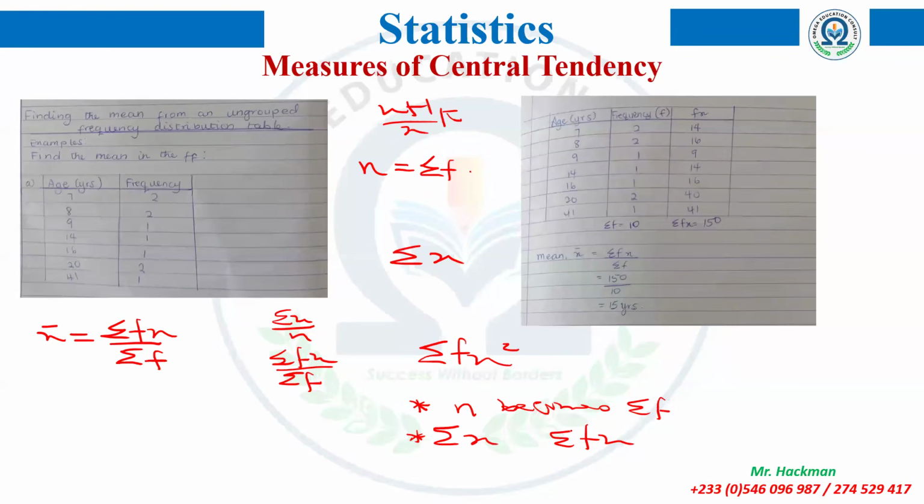So introduce f immediately after your sigma, as simple as that. If you know this information, then anytime you know the formula for the raw, you should be able to quote that of the frequency distribution table without any struggle. Going forward, that is what we'll be doing.